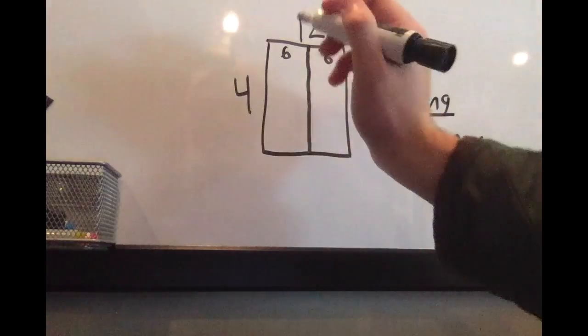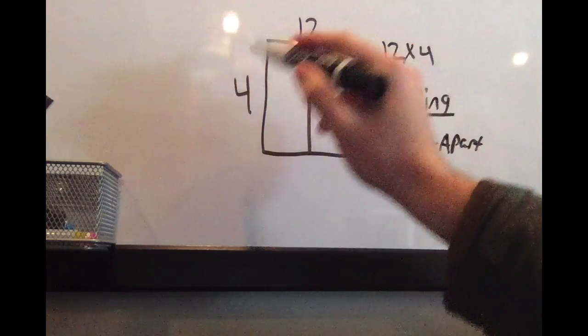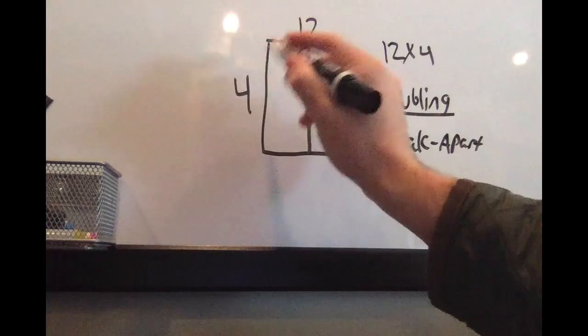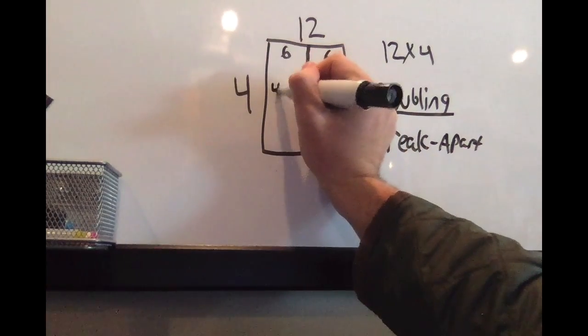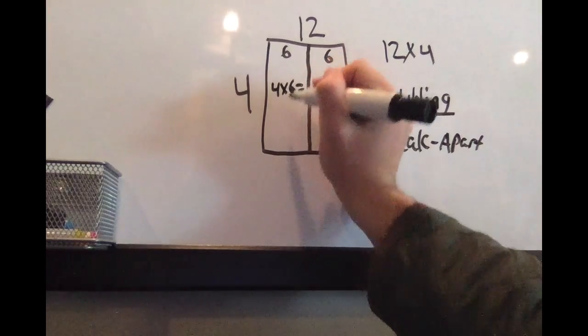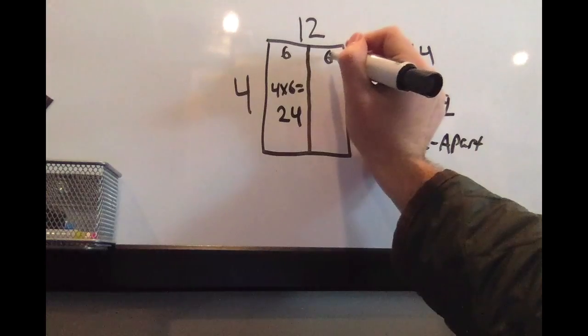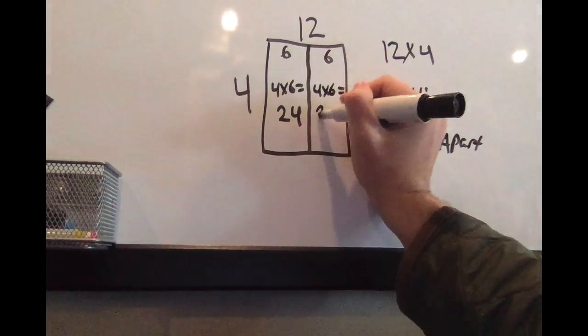Now the next step is I multiply this 4 not by the 12, but by each 6, right? So we've got 4 times 6. 4 times 6 equals 24. And then same thing here. 4 times 6 equals 24.